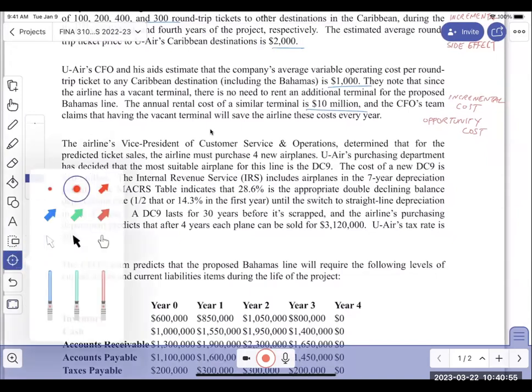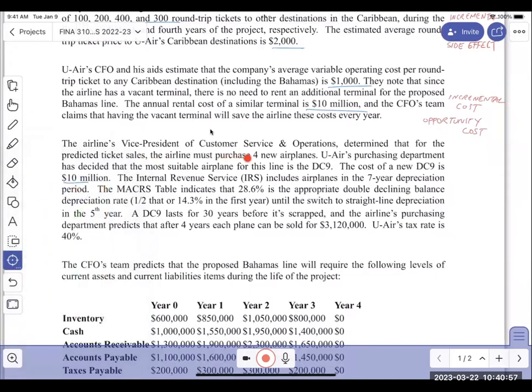The airline vice president and customer service and operations determined that for the predicted ticket sales, the airline must purchase 4 planes. The Purchasing Department has decided that the most suitable airplane for this line is the DC-9. The cost of a new DC-9 is $10 million. Is this $10 million for each plane?